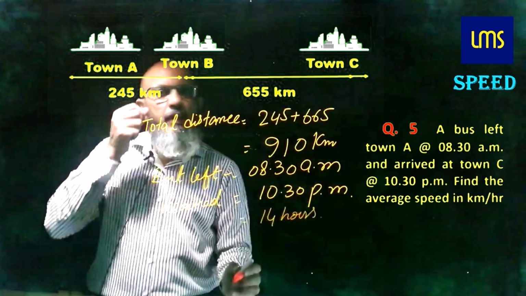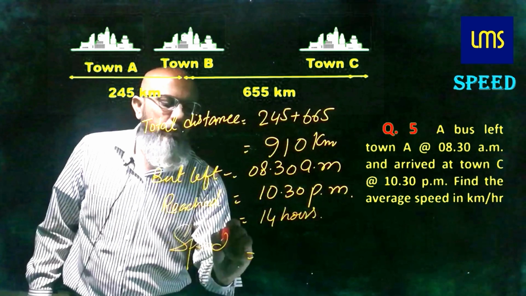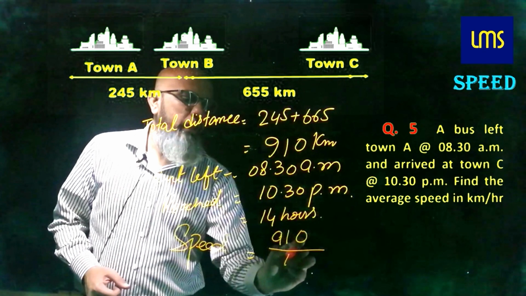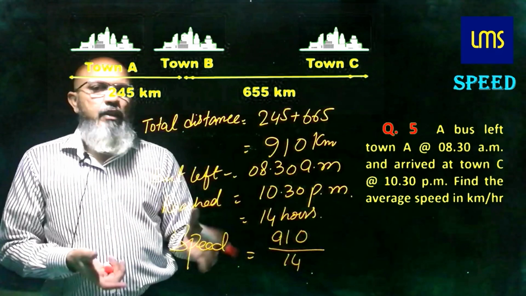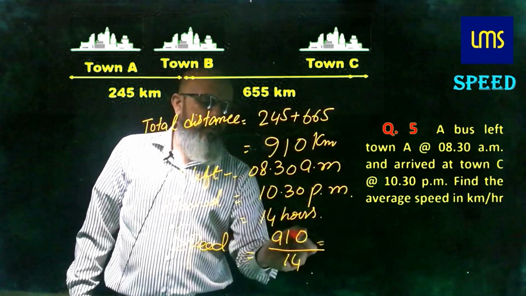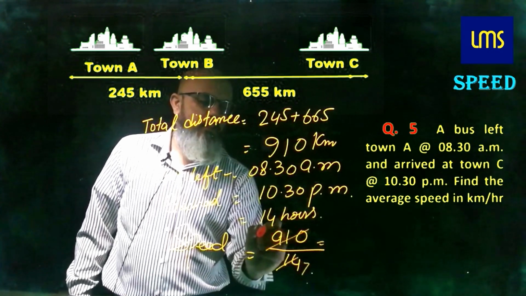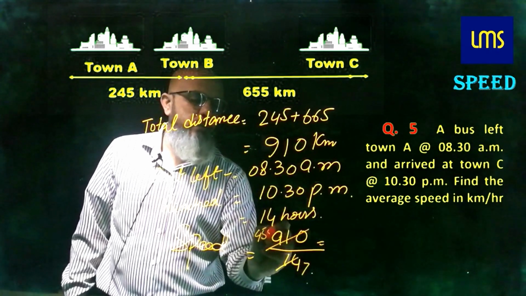Right? So what is your total distance? Now you can calculate the average speed very easily: 910 divided by 14 hours. Leave your answer in kilometers per hour. So you can simplify it. Table of 2, 2 7s are 14, and 4 2s are 8, 5 2s are 10, and again 5 2s are 10.